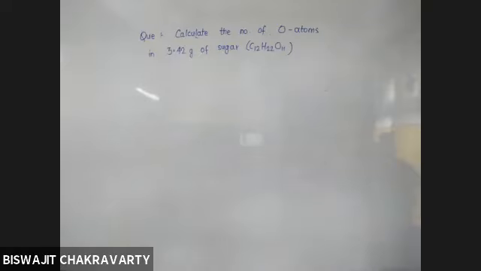See, oxygen is part of sugar. But how much sugar is given to you? 3.42 grams. What should you do with the sugar? You must convert it into what? Moles, or not?